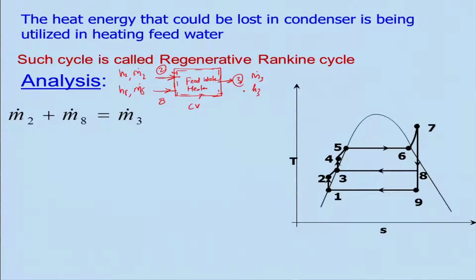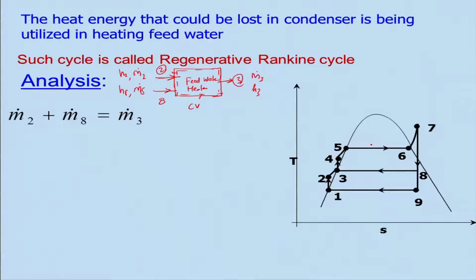So, we can do a mass balance: the mass flow rate coming from the condenser, after the pump of course, plus the mass flow rate extracted from the turbine is equal to the total mass flow rate which will be feeding into the boiler.